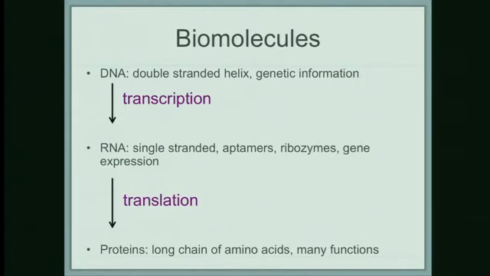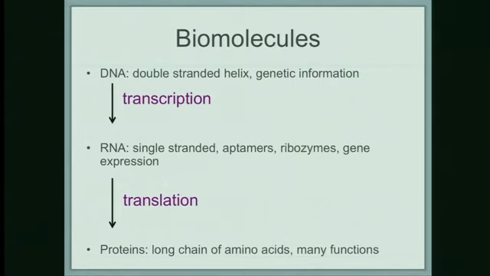Deoxyribonucleic acid, or DNA for short, is found in either A, B, or Z double-stranded helix in the nucleus of the cells, and it contains genetic information. DNA can be transcribed into ribonucleic acid, or RNA, which is single-stranded and is folded up into these structures called aptamers and ribozymes.